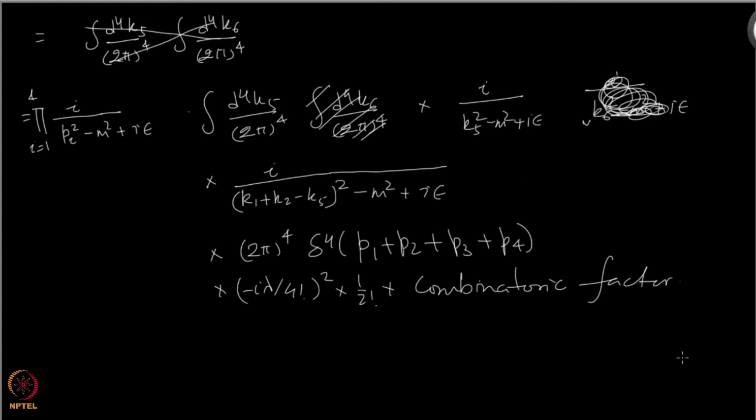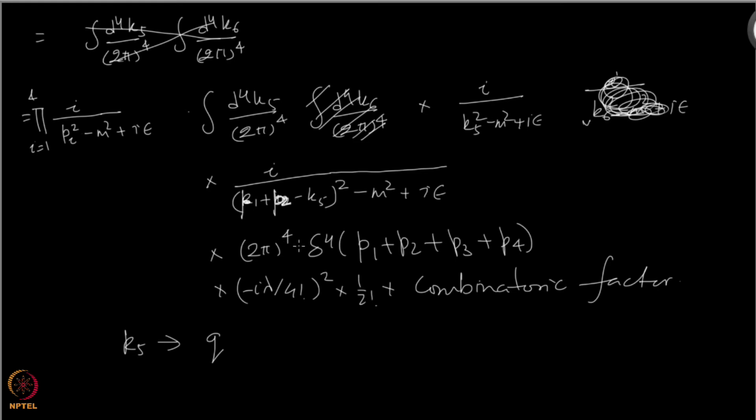Good. Now I will do a slight change of notation. Instead of using k5, I will use q. Here also there is a mistake because now k1 should become p1, because we had a delta function integral which had forced k1, k2, k3, k4 to p1, p2, p3, p4. Now this is fine.